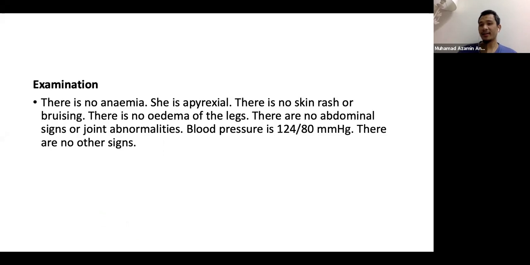The child is apyrexial, which is no fever, so you are kind of ruling out UTI. There's no rash, no bruising, no edema, no abdominal pain, and there's no joint pain. And the BP is 124/80, with no other physical signs. So how do you conclude the physical findings with the history?